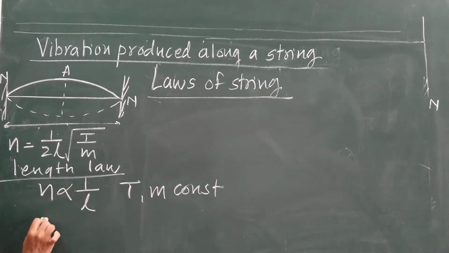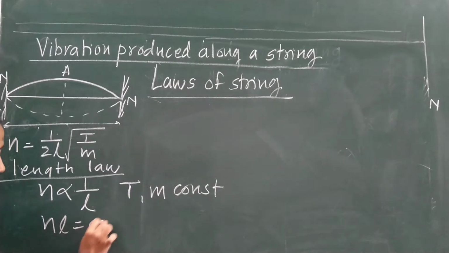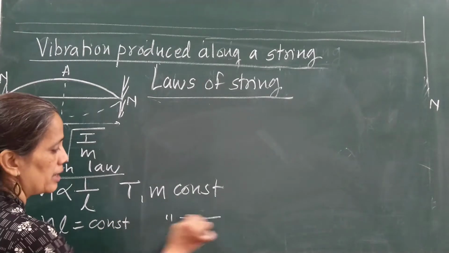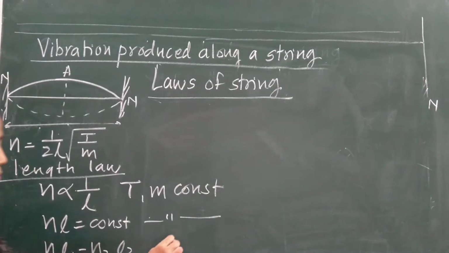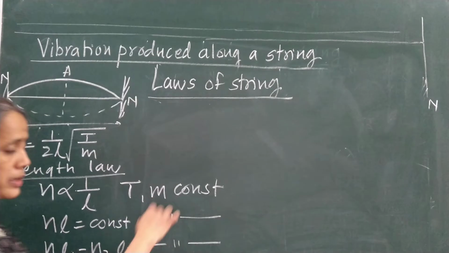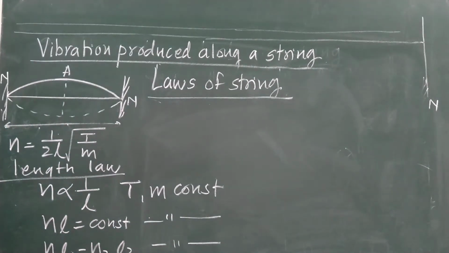I can also write it as nL is equal to constant, provided that T and m are constant. One more time I can write n1 L1 is equal to n2 L2, again provided that tension and mass per unit length are constant. So in these three different mathematical manners, I can express the length law.